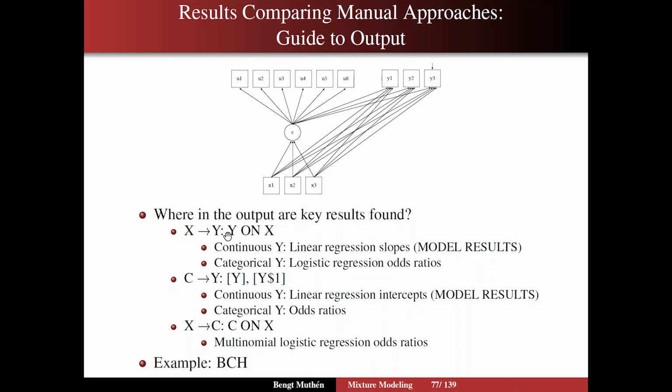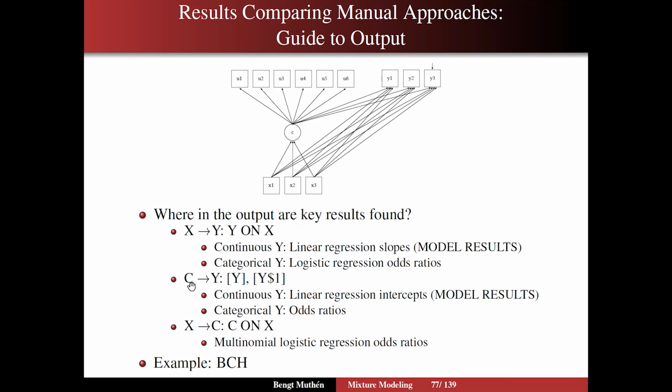So that's in Mplus language Y on X, Y regressed on X. And with continuous Y, that's regular linear regression slopes that we find in the regular model results section. For categorical Y, we have added a special section, logistic regression odds ratio results. So that's in addition to the logits that we give in the regular model results section.